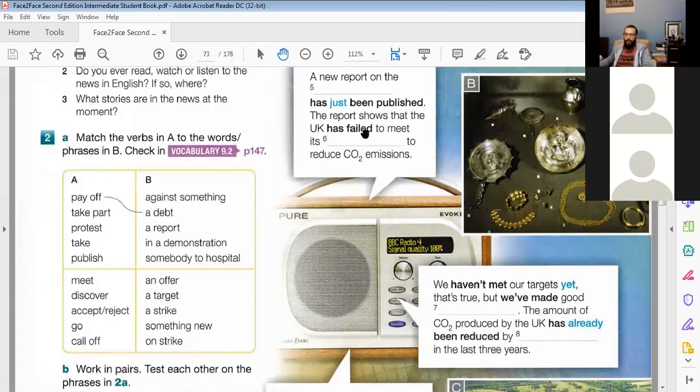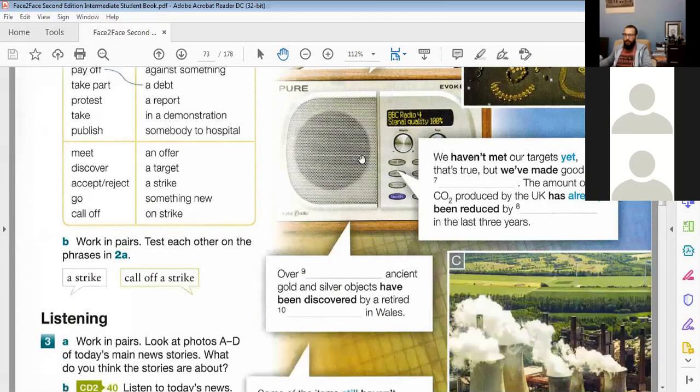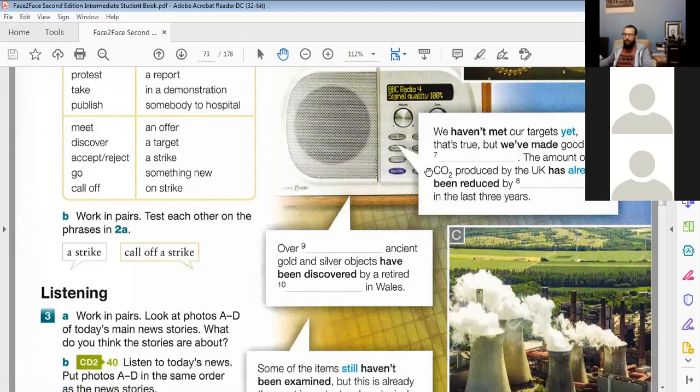Passive, again, correct. The UK has failed to meet its targets. Active. Correct. We haven't met our targets yet. Active. Yes, but we've made good progress. Active. Correct. We've made good progress. Active. The amount of CO2 produced by the UK has already been reduced by 2.7%.